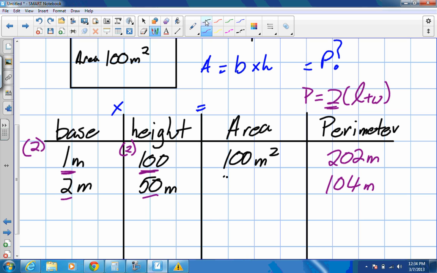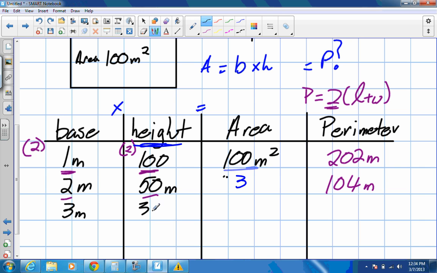Let's go up again to 3. Now, this is a little more difficult. How can we find out 3 times what equals 100? What process could we use? 33.3. How did you do that? Okay, what operation could you have done to figure out this height? That's right. If we take that 100 and divide it by 3, we could figure out what our height would have been. And you're right, it's going to be 33.3 repeated.